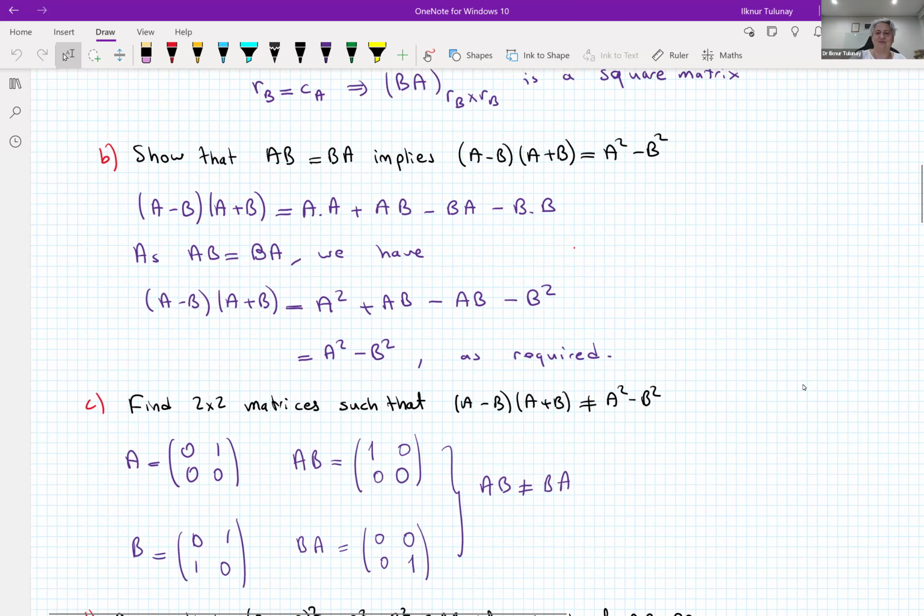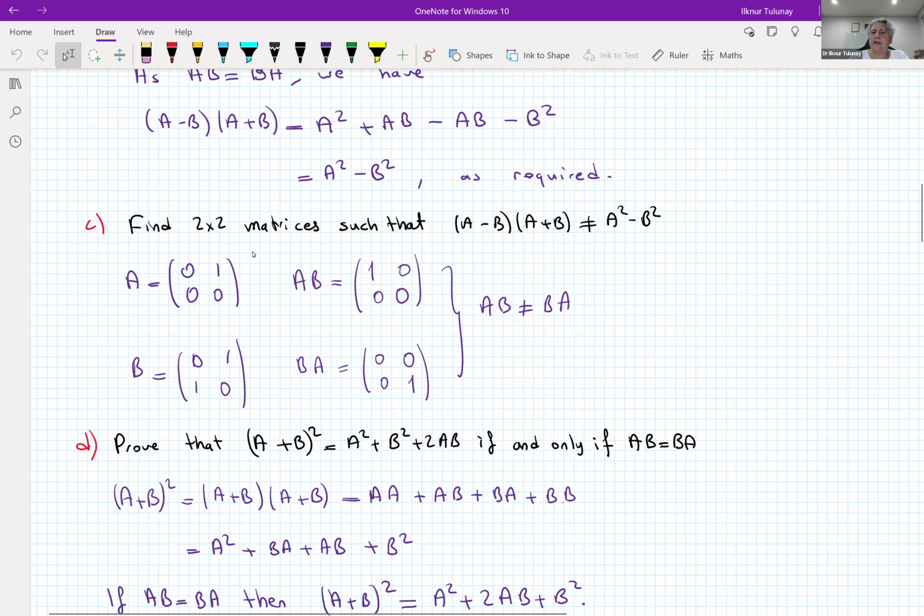For this one, we want to find an example. We would like to find 2 by 2 matrices such that (A minus B)(A plus B) is different from A squared minus B squared. From the previous section, all we need to do is show that AB is different from BA.